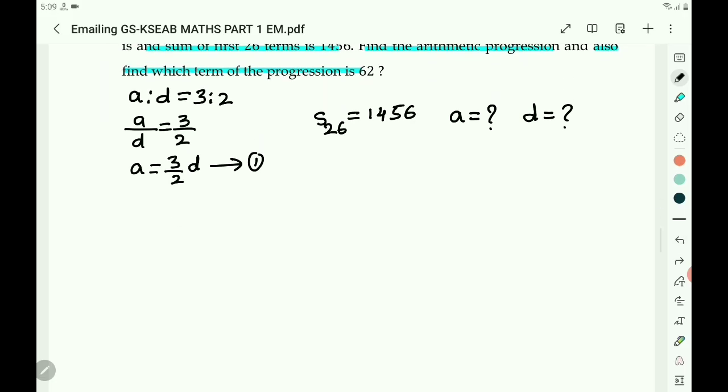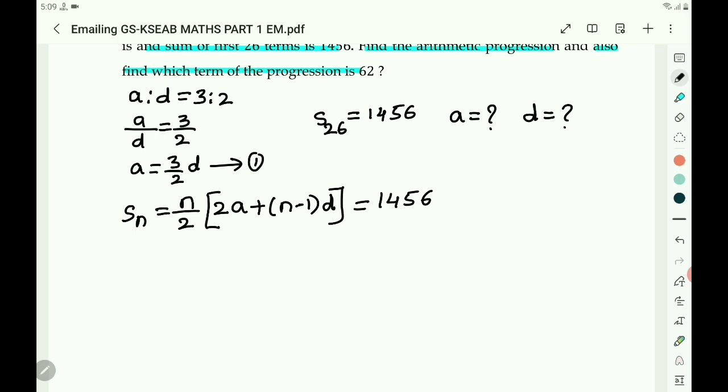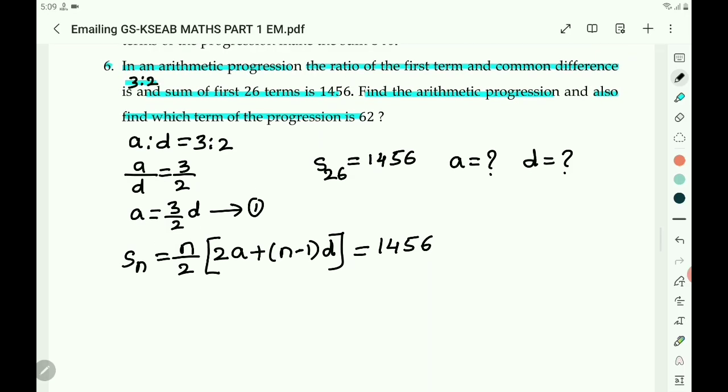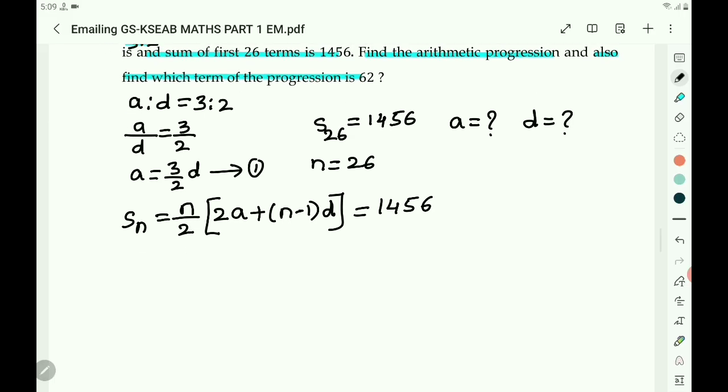Now you write the formula for Sn. Sn equals n by 2 into 2a plus n minus 1 into d, which equals 1456. Here n is equal to 26 because sum of 26 terms is given.